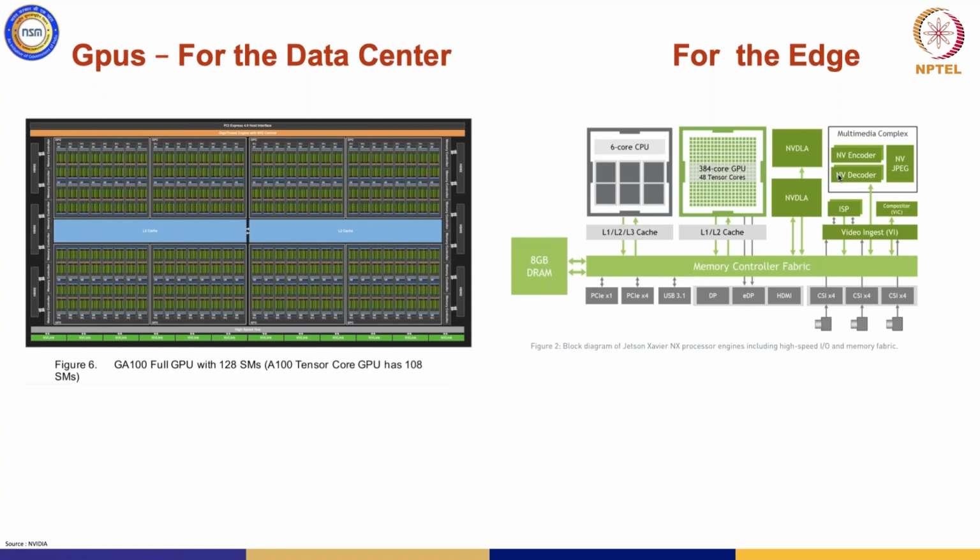The idea was that the difference is in the design, in how many cores you're working with, and how the connectivity between the CPU and the GPU is arranged, because this is an embedded Jetson Xavier NX processor engine, which also has a high-speed IO and memory fabric.